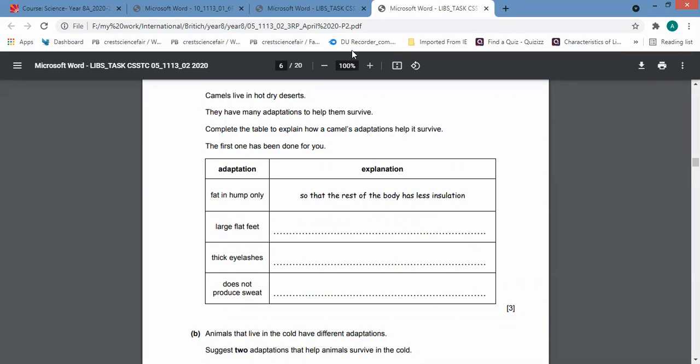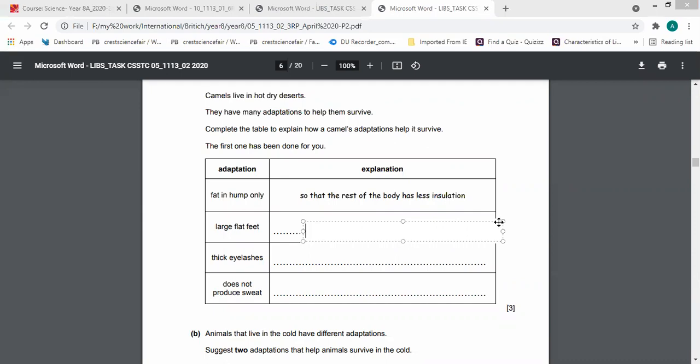Large, flat feet. About the legs. It helps it to walk easily. Camels have what? It helps it to walk easily on the sand. Walk easily on the sand, right?